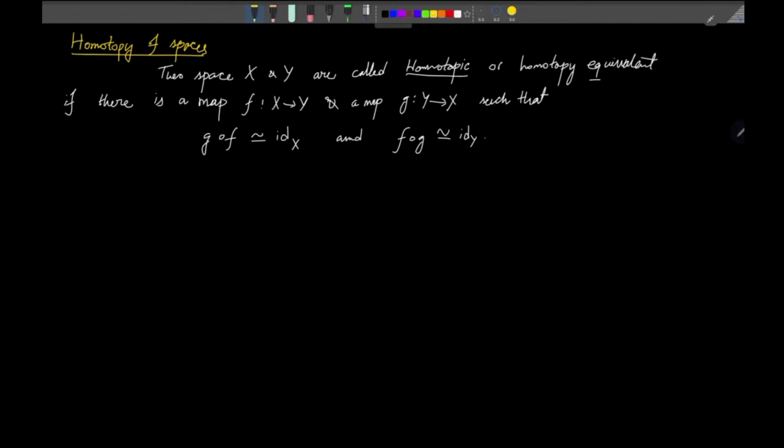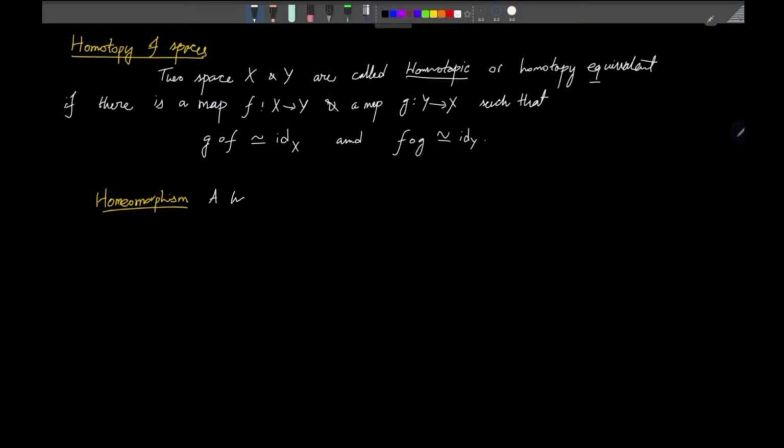So if we recall the definition of a homeomorphism, or the definition of two spaces being homeomorphic, a homeomorphism was a function, which is basically a bijection with a continuous inverse, function f from X to Y.